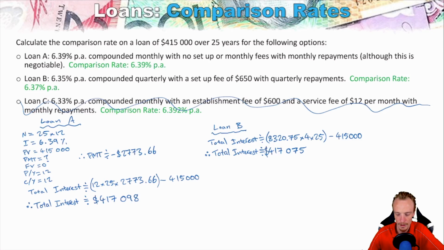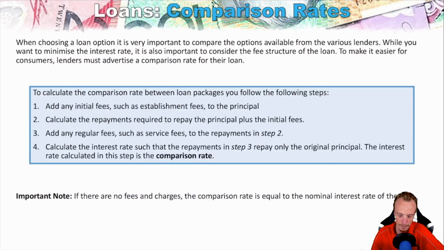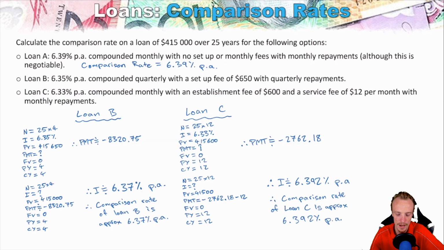So I guess to summarize, obviously we have the step-by-step of being able to calculate comparison rates. Comparison rates are very useful to be able to calculate and compare loans, especially when the loans are compounding at the same rate. It allows us to take into account fee structures to be able to make a fair comparison. Where comparison rates are no longer the thing we can use is when things compound at different rates.